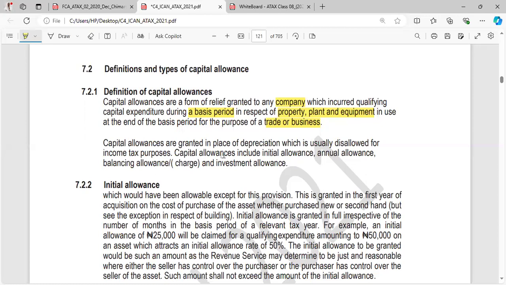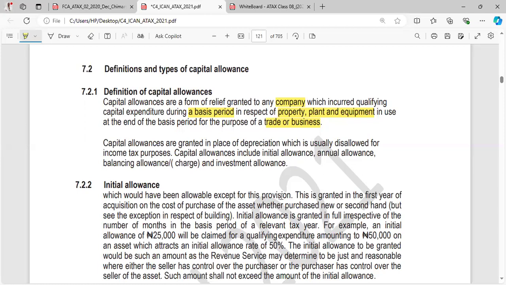If an asset was not bought at the beginning of the basis period and was bought sometime in the basis period, from when it was bought to the end of the period, the capital allowances will be claimed.